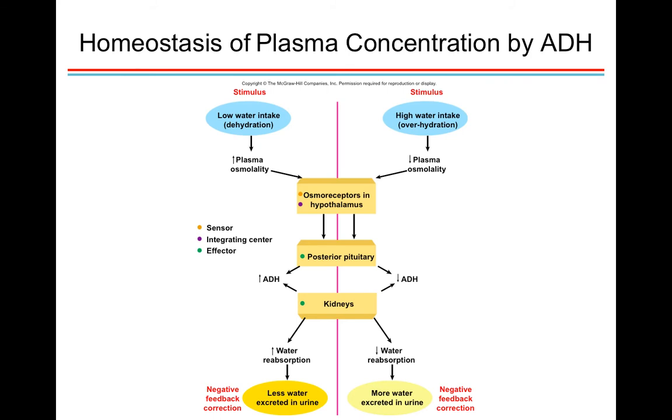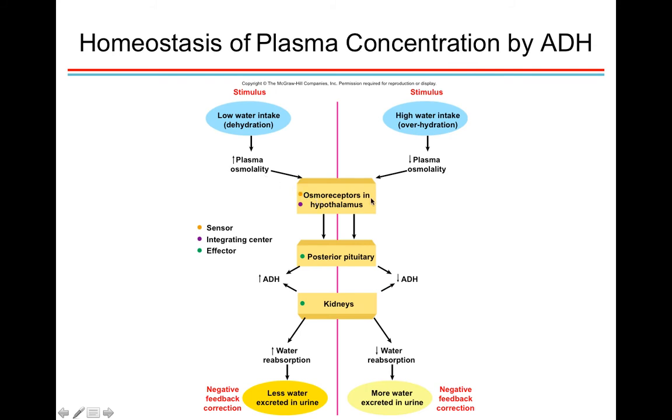So if you have a situation where you're not drinking enough water, you will become dehydrated. Dehydrated means there's not going to be enough water, and just like you had seen in the descending loop of Henle, as water leaves and the solutes stay, you're going to have an increased plasma osmolality.